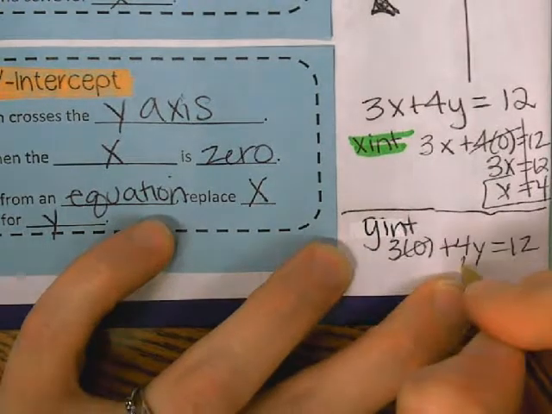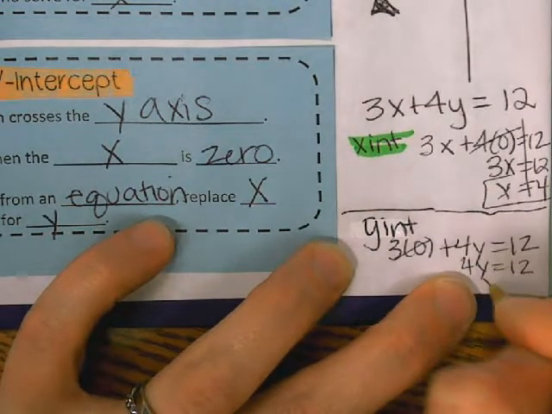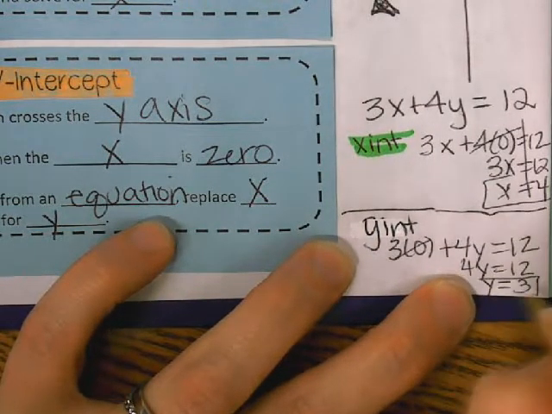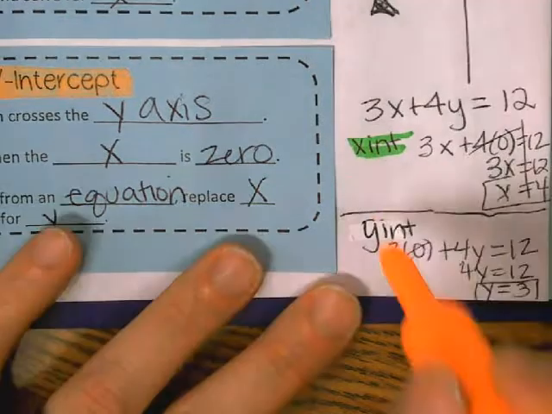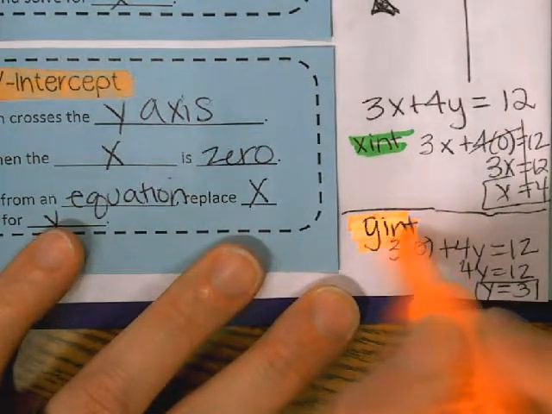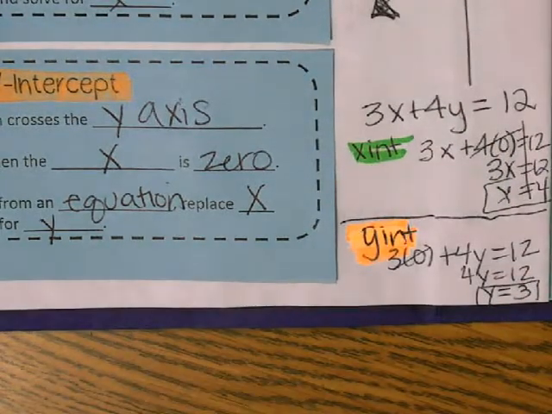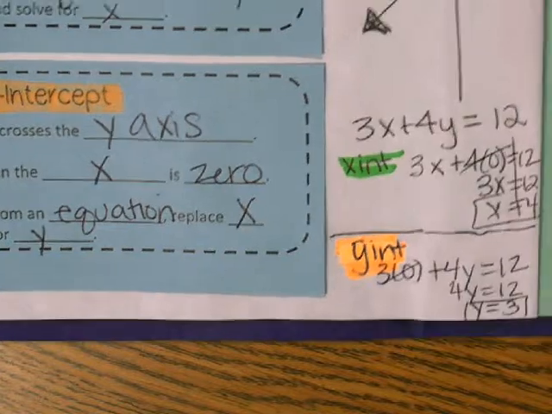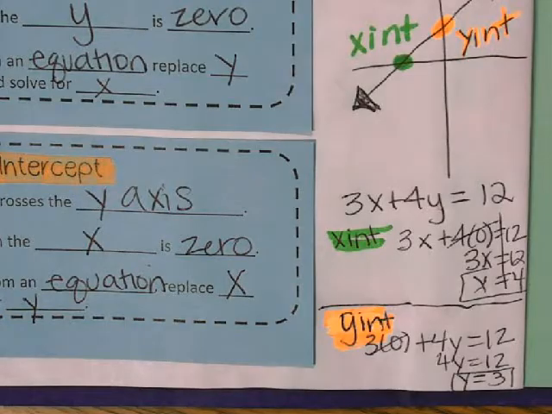And then that's 0. So 4y equals 12, and so then we would divide by 4, so y equals 3. So that's the y-intercept. So that's how you do x and y-intercept.